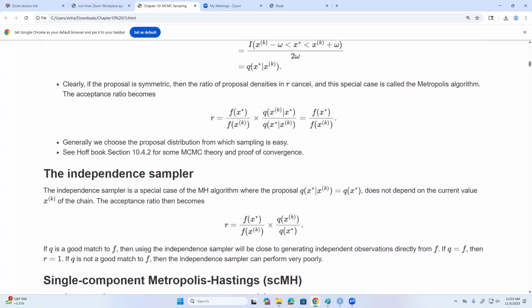That means it may not even properly converge to the target density. Theoretically, there should not be any problem, but within a finite number of iterations, it may not go to the target distribution. In theory, there should not be any issue. But it may wander around quite far from the truth.